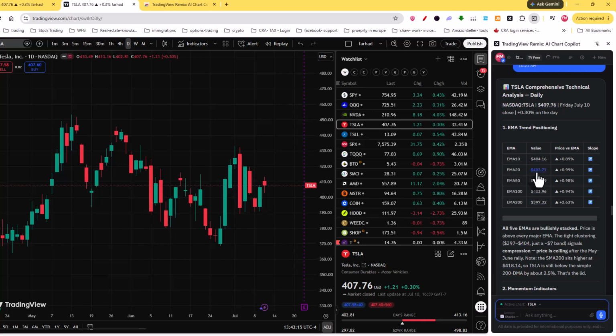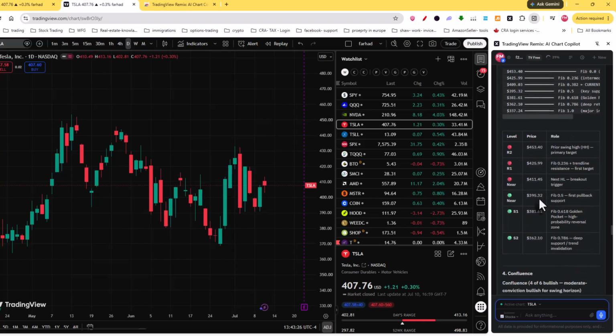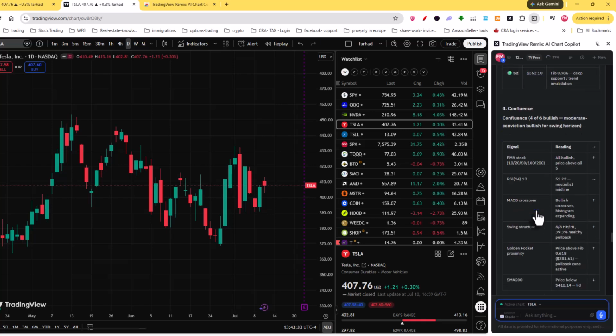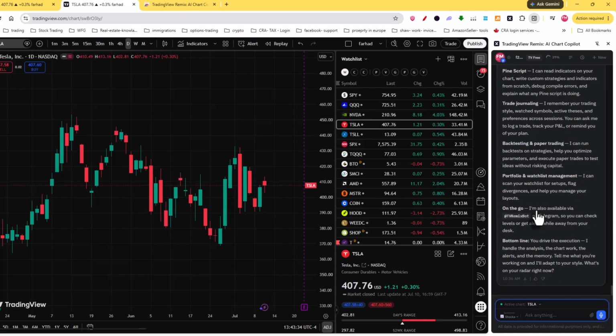Tesla EMA 20, 403. So it gives you all the areas. And one thing I liked, it can draw it on your chart, so you don't even have to do manual work.